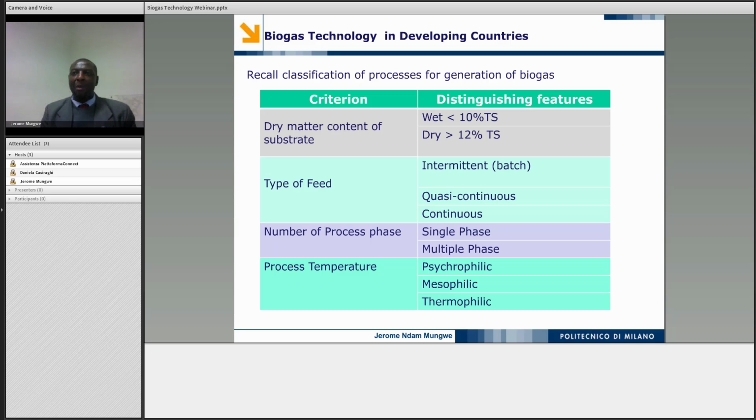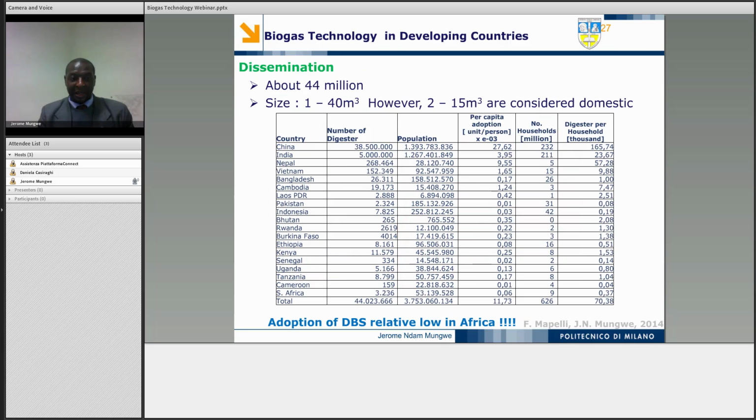And based on the number of phases, we can have a single phase system or a multiple phase system. And based on temperatures, we can have psychrophilic, mesophilic, or thermophilic anaerobic digestion process and corresponding digester design.